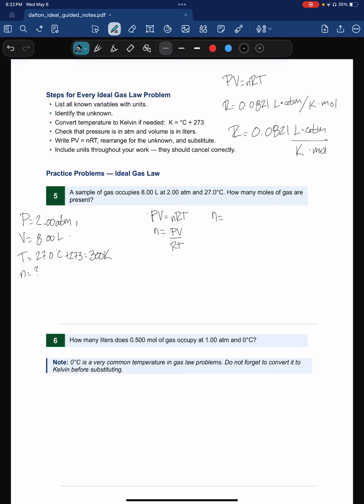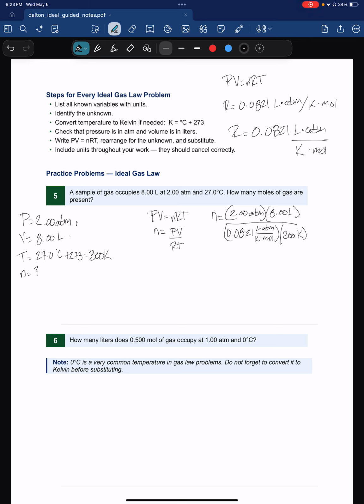N is equal to the pressure of 2.00 atmospheres times 8.00 liters over 0.0821 liter atmospheres per Kelvin moles times the temperature, which is 300.